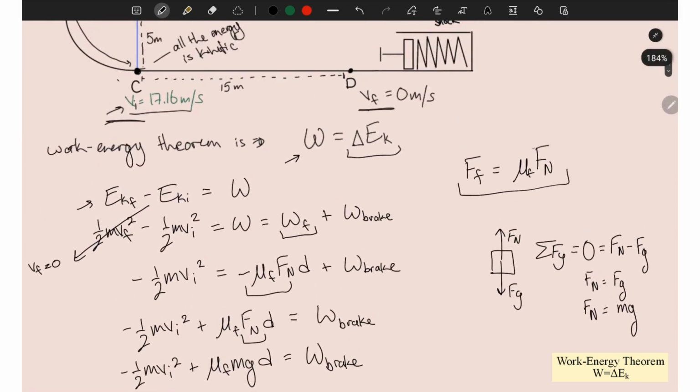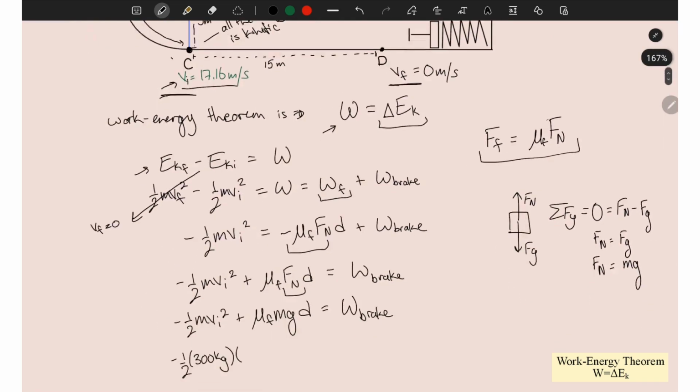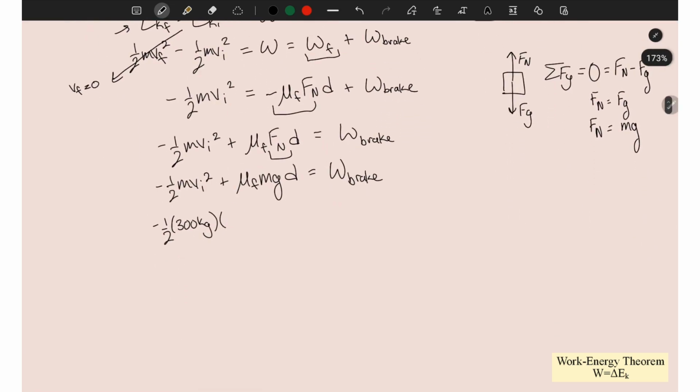Remember that velocity is 17.16 meters per second. Remember that mu is 0.62.